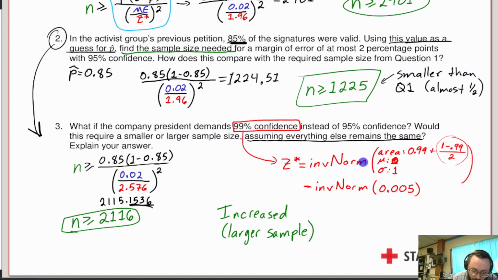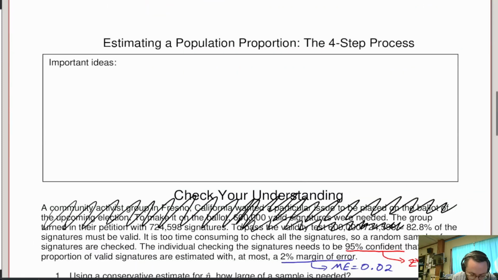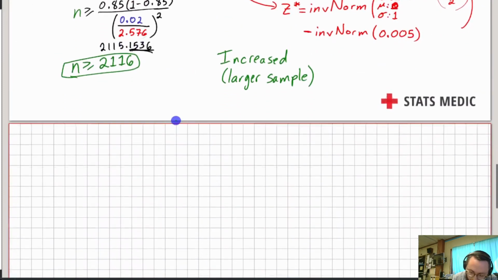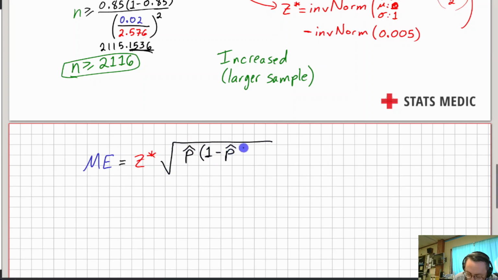The other part to remember is that our margin of error is equal to z star times our standard error, which is the square root of p hat times 1 minus p hat over n.